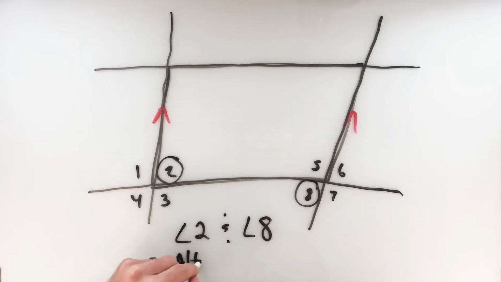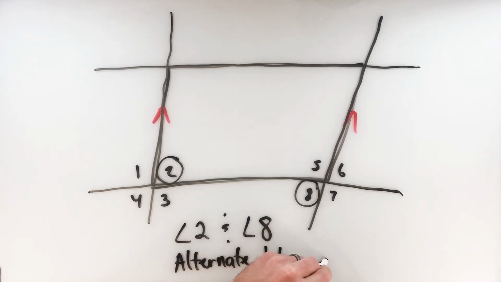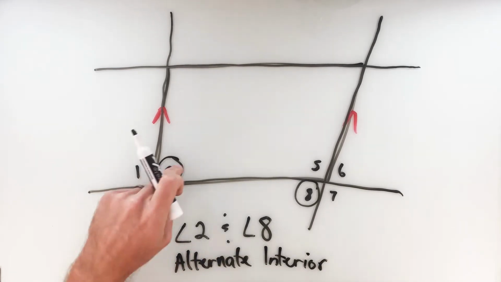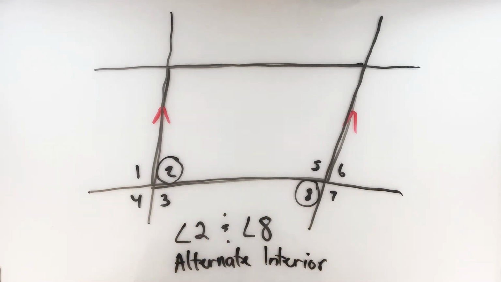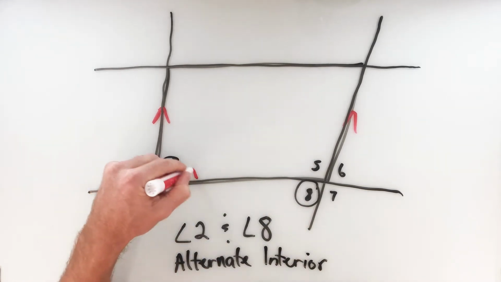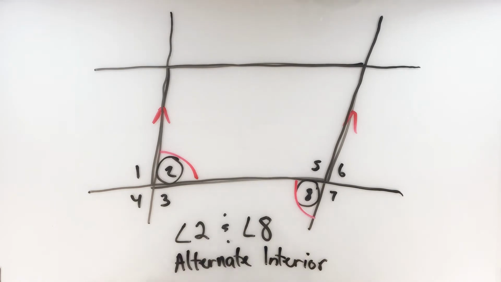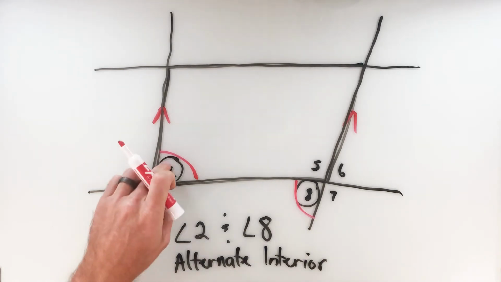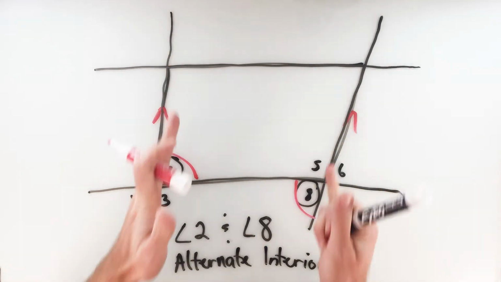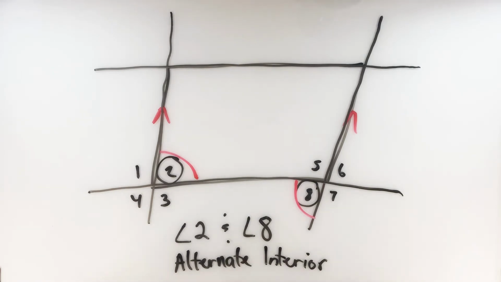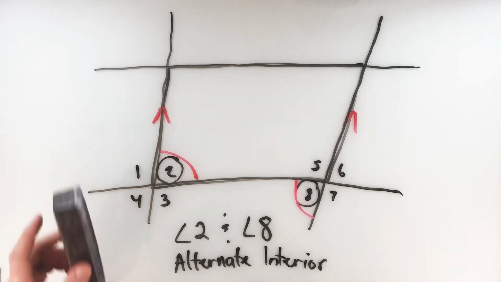Those are alternate interior angles, and alternate interior angles are always congruent to one another. Okay, so without that information given to me, like they don't have arcs in the corners of those angles, I can determine that those are the same based on those lines being parallel. Okay, so those four different examples there are some things to look out for when you're trying to determine whether or not two polygons are in fact congruent, because it's got to be all the parts.